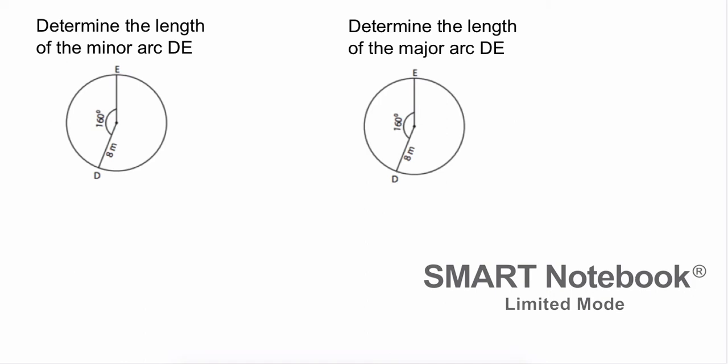So let's try and use the formula that we already know now to find the length of the minor arc DE. And you see here, on the next question later, we will do the major arc. So what does this mean?